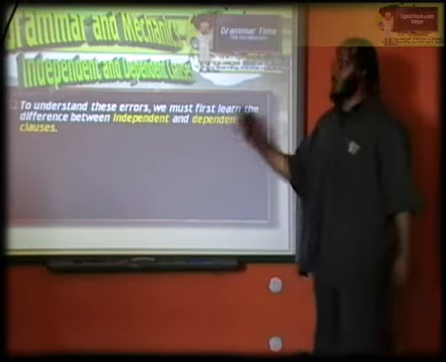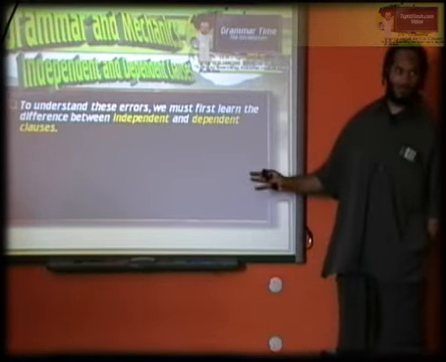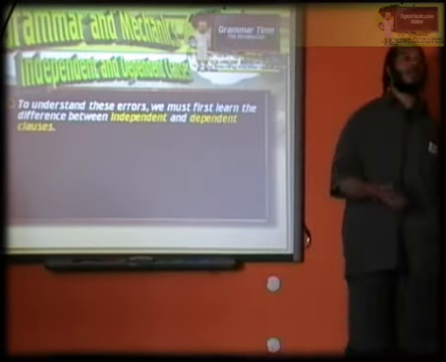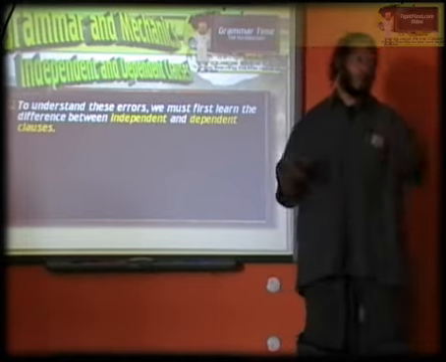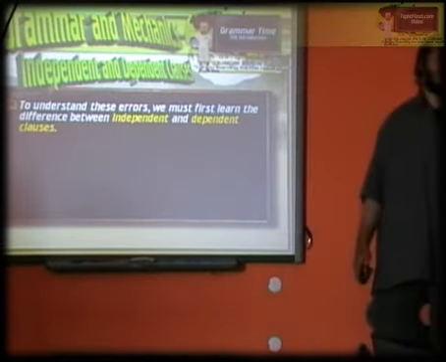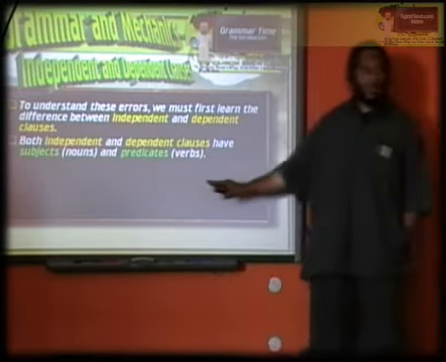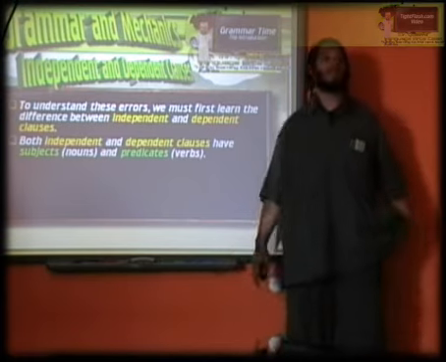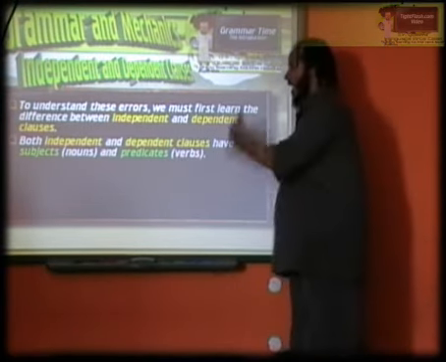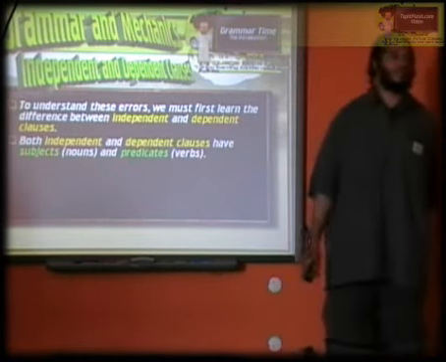To understand these errors, we must, without a doubt, learn the difference between independent and dependent clauses. And for you, you need to understand what a clause is. Yes, well, both independent and dependent clauses, in general, have subjects and predicates.